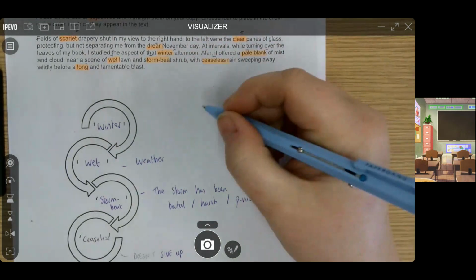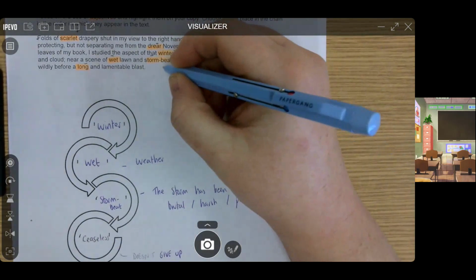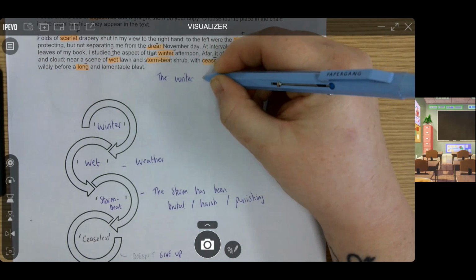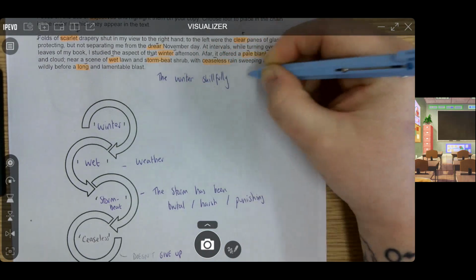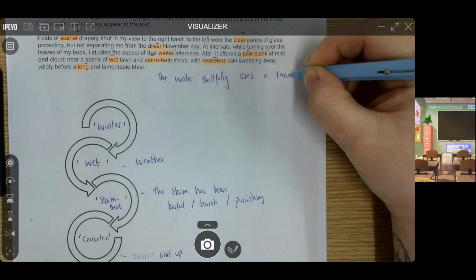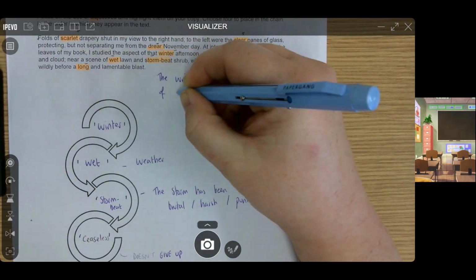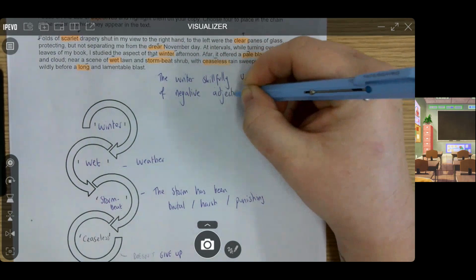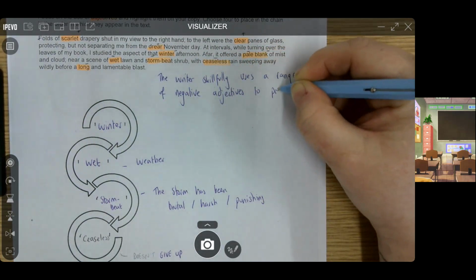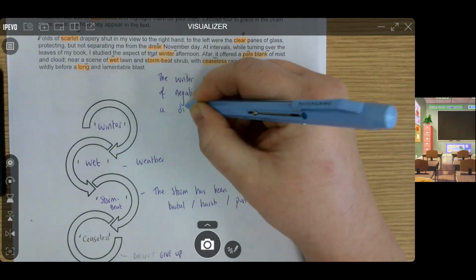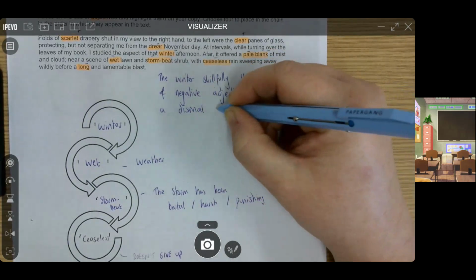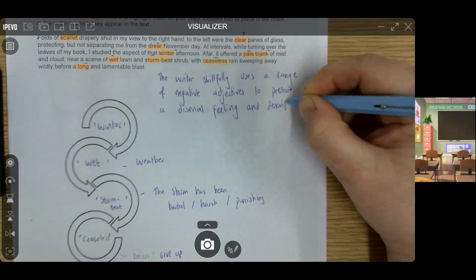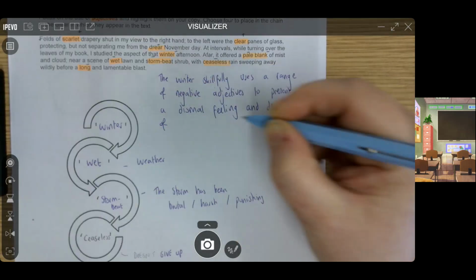I'm just going to write it here. So I'm going to start by saying the writer skillfully uses a range of, I'm just going to say negative adjectives to present a dismal feeling and description of the outside world.